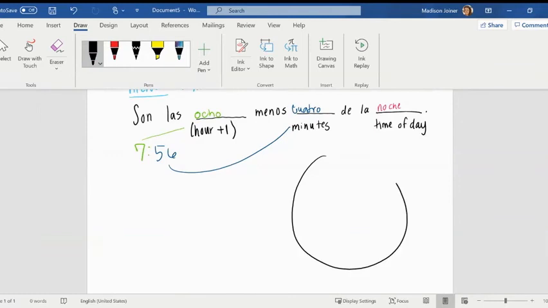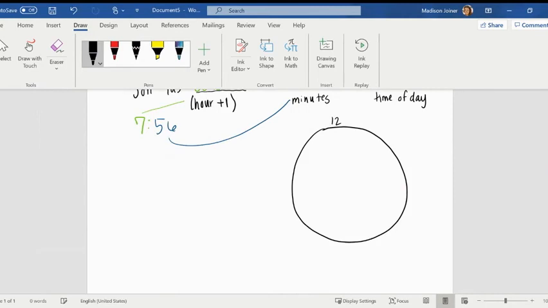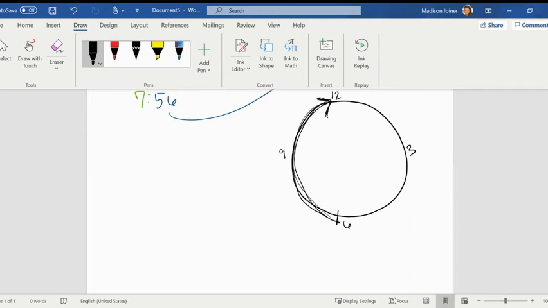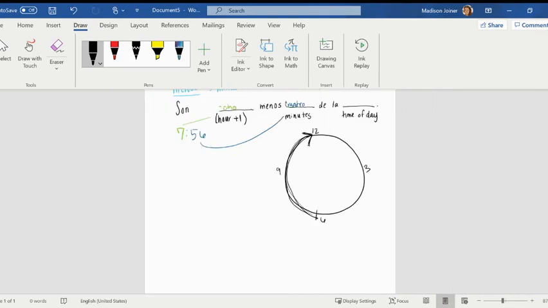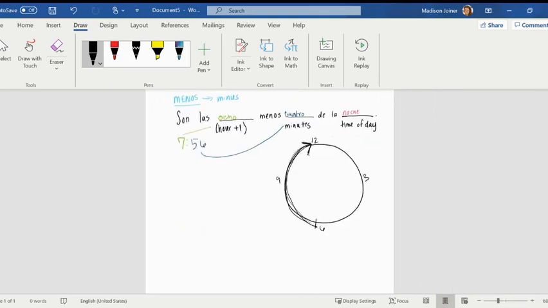The key to this is if we've got this clock and this is 12, this is 3, this is 6, and this is 9, this part of the clock can use minus. So you're never going to say, oh, it's son las ocho menos 50. That has to be 7. You're not going to do that.